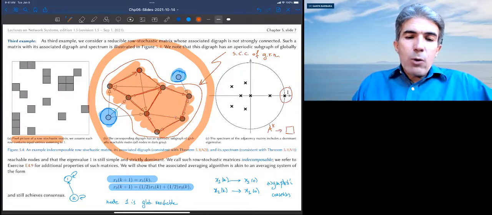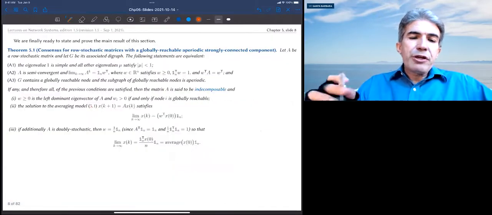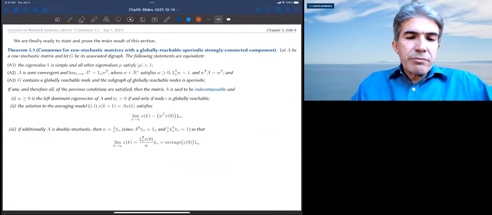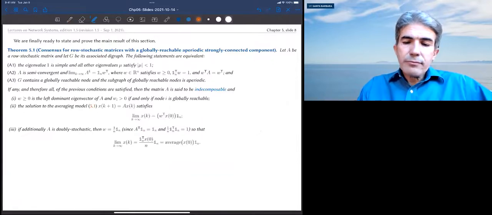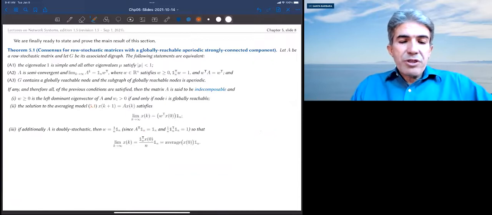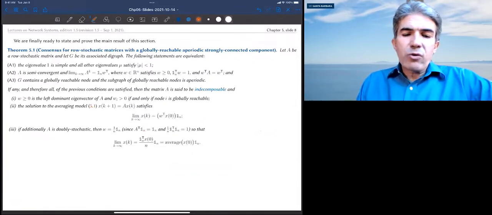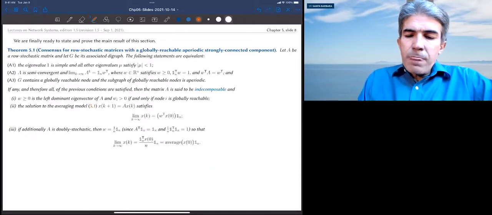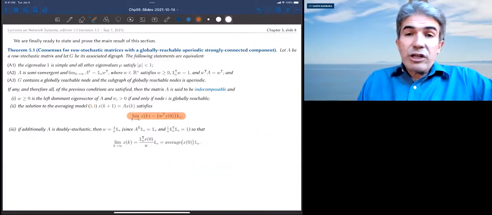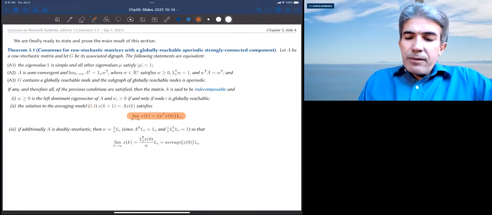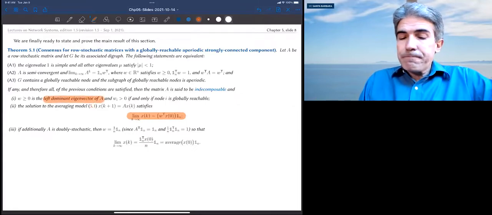Okay, now we're ready. So here is the first main theorem of this chapter, certainly of this section. Let me start with the easy conclusions. I am interested in working with the case where I achieve consensus, and W in the consensus value is a left dominant eigenvector of the matrix.